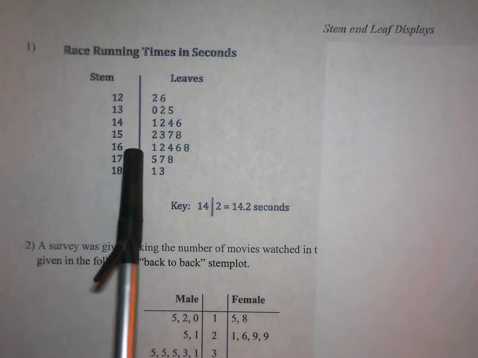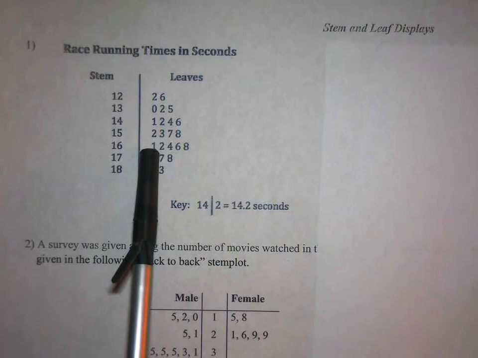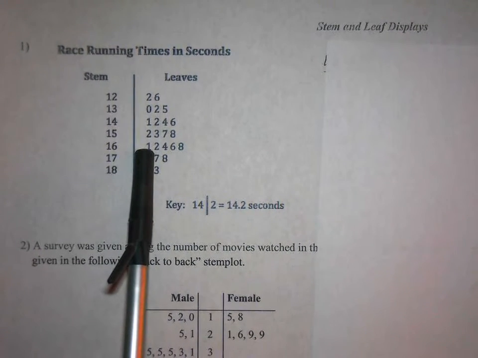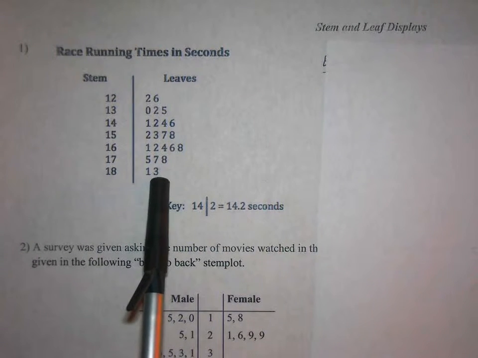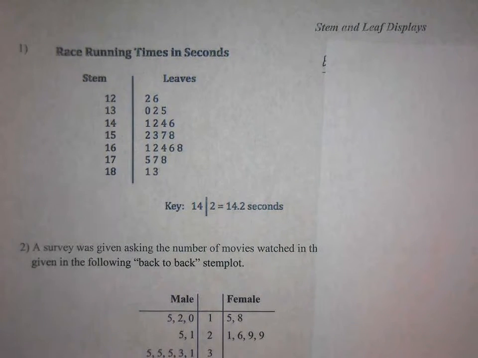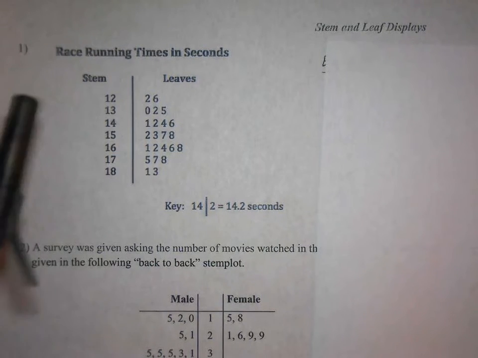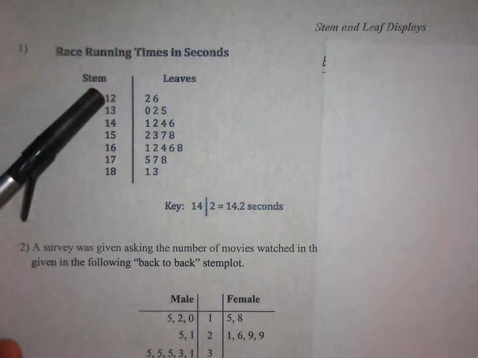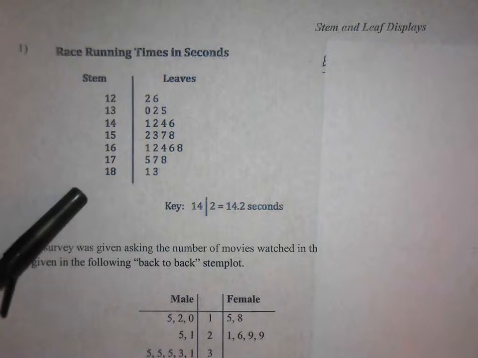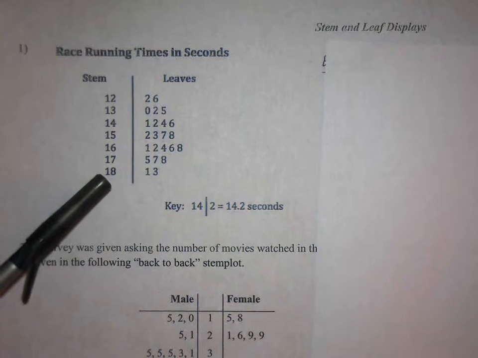If you look at 16|1, that would be 16.1 seconds. The highest number, 18|3, would be 18.3 seconds. So the data values here go from 12.2 seconds as the lowest value to 18.3 as the highest value.